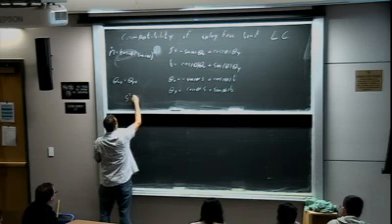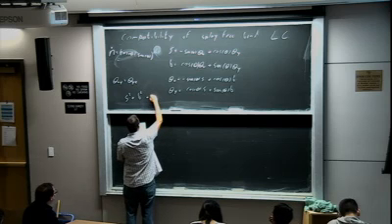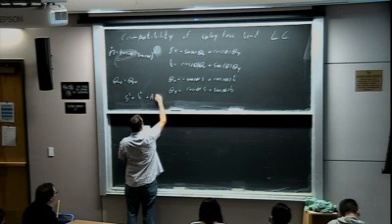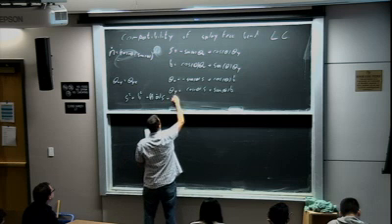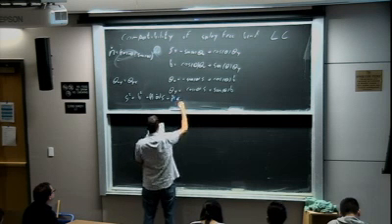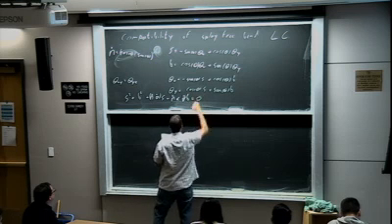It is s squared plus b squared plus n dot grad s minus n cross grad b, and this should be understood in the 2D sense.